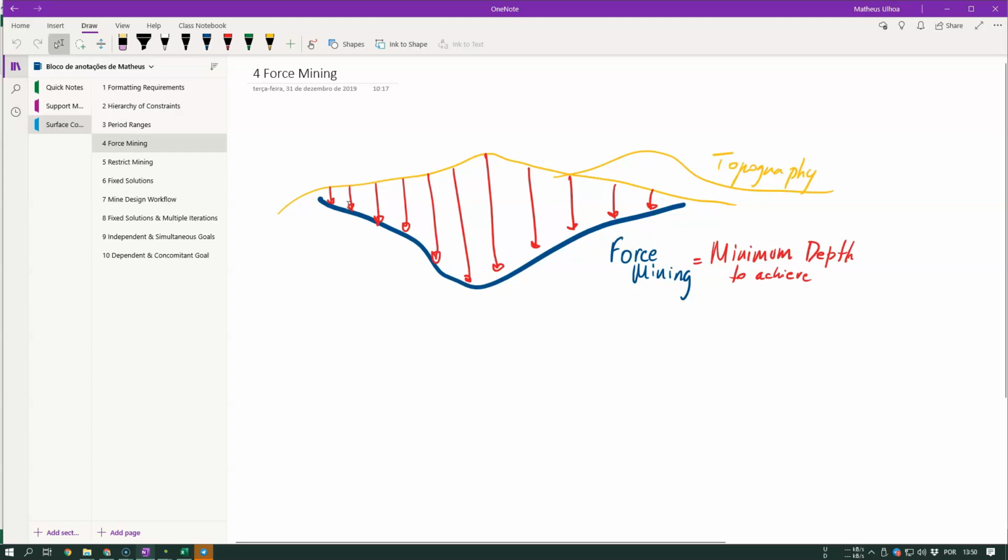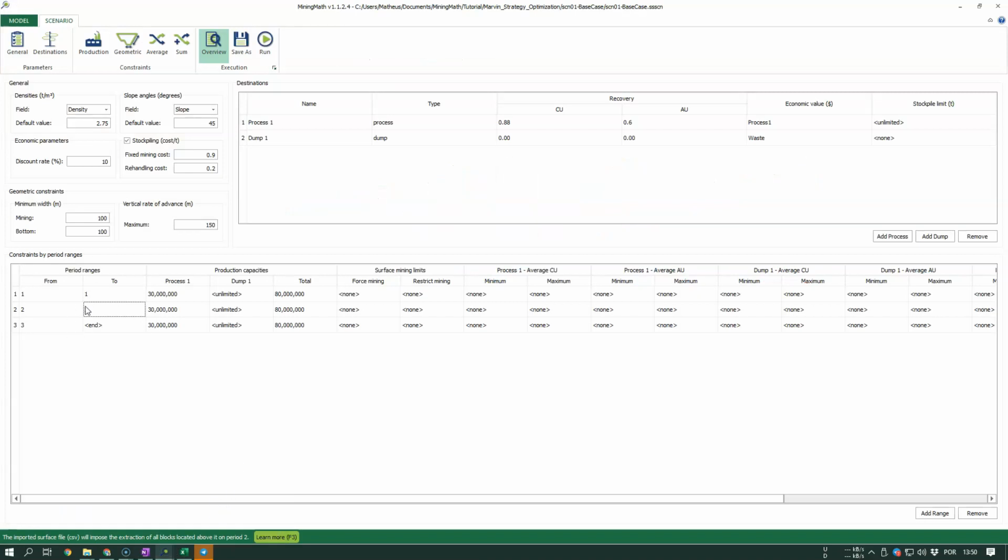So I will achieve at least this depth represented in red. So force mining is understood as the minimum depth the algorithm should achieve in a specified period range. The same period range over here.